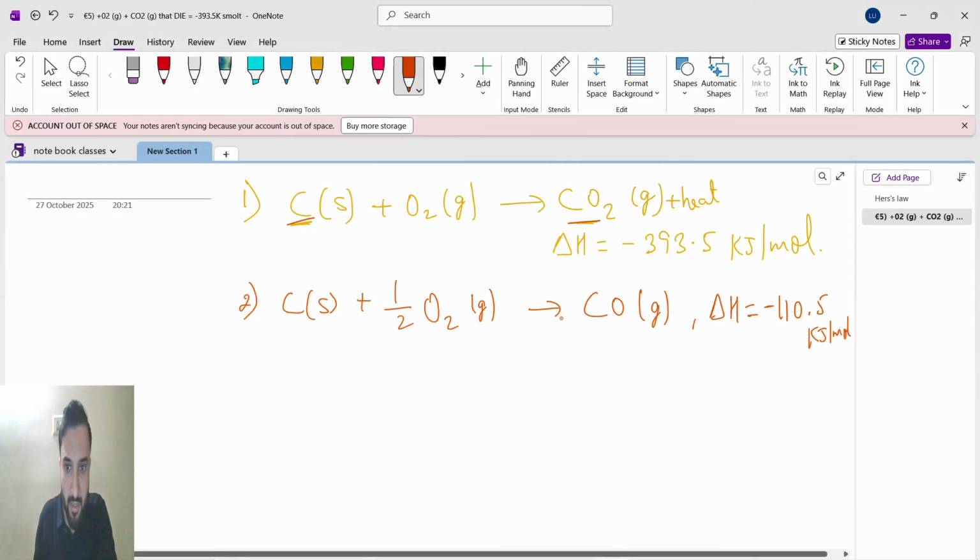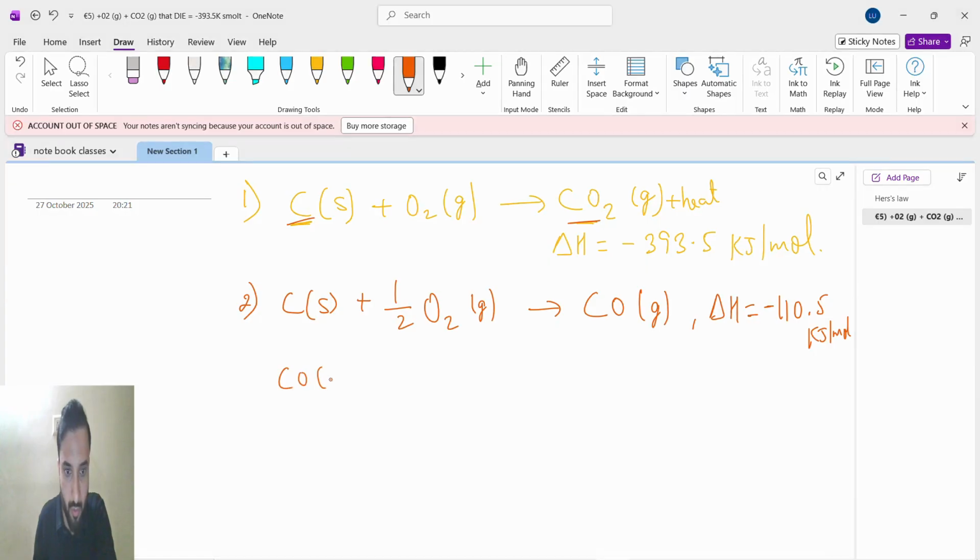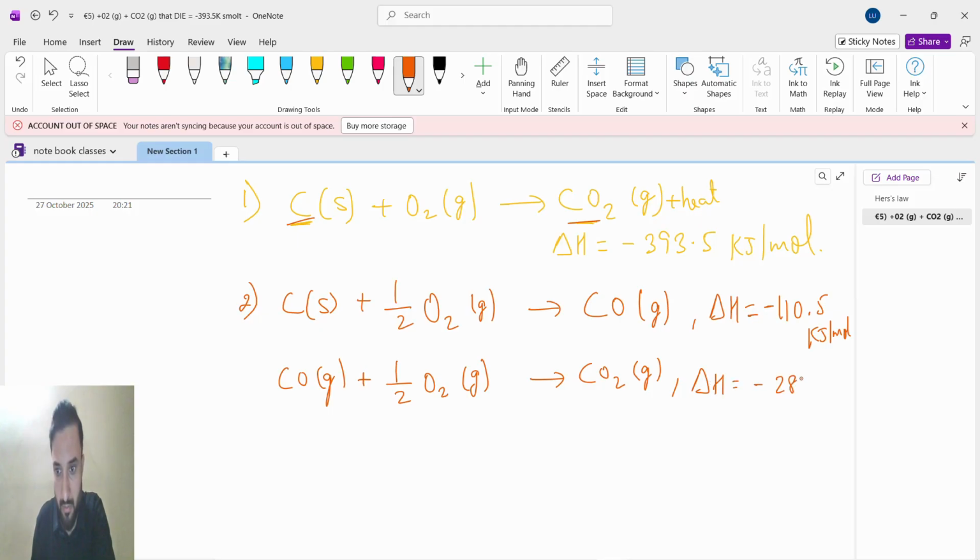Then carbon monoxide reacts again with half O2 gas to give carbon dioxide in the gaseous form. The delta H for this reaction is minus 283.0 kilojoule per mole.